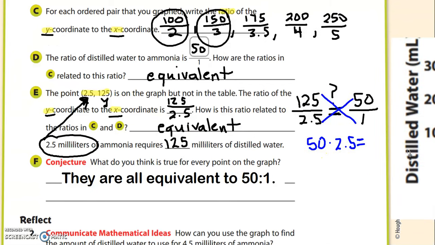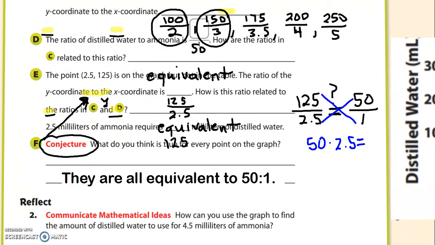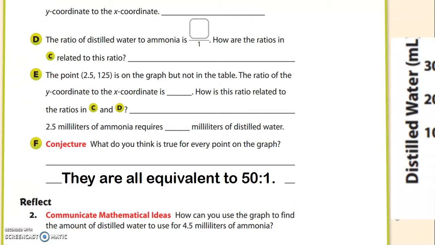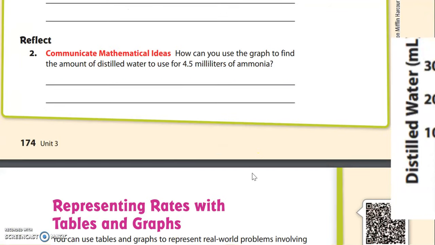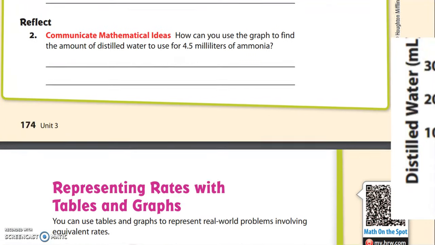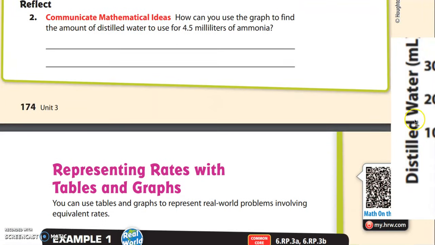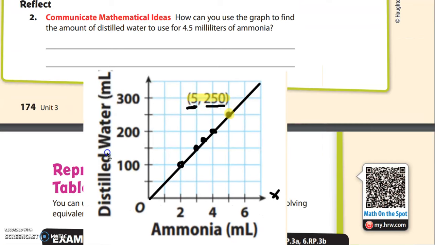Okay, we have one more question to do, and this is the one I wanted to save this image for. So I'm going to go ahead and scroll down the page. Go ahead and clear the annotations. Scroll down the page here. And my image right here is going to really help me on question 2.